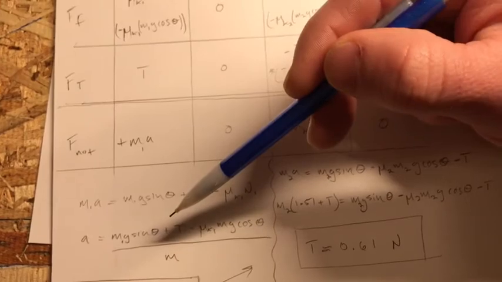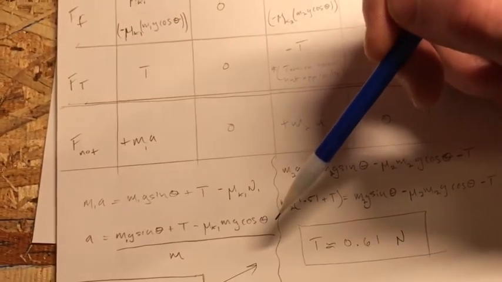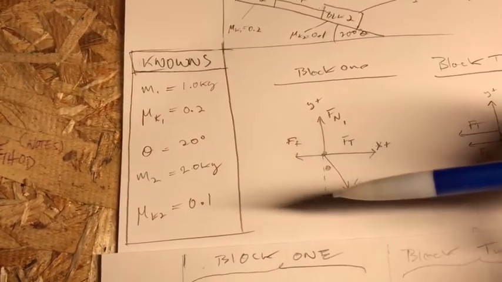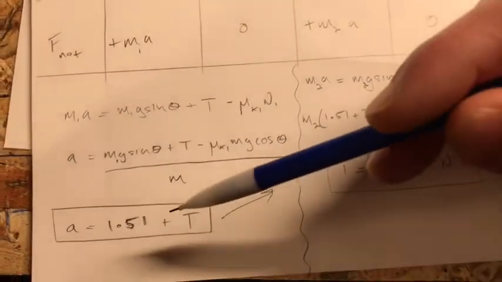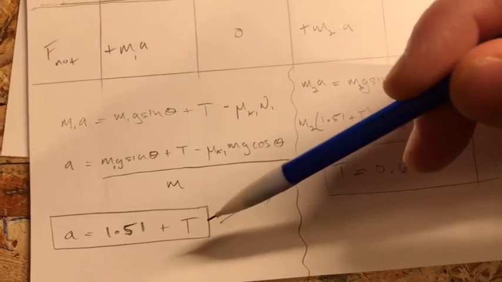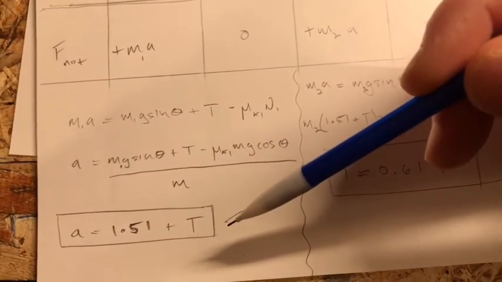And then we solve for acceleration, and if you plug in all of our knowns, and gravity obviously is 9.8, you should be able to get acceleration to equal 1.51 plus T, which we will use later. We'll substitute it into our second equation.